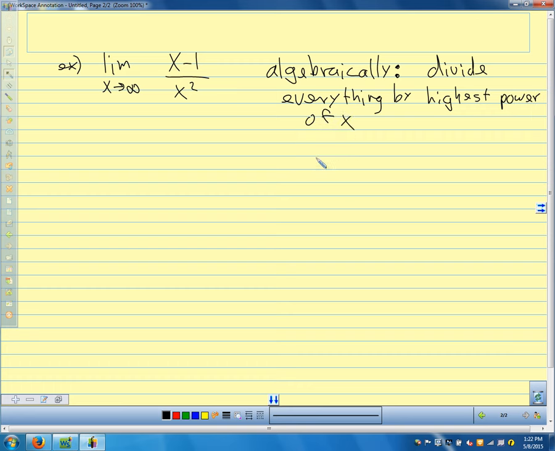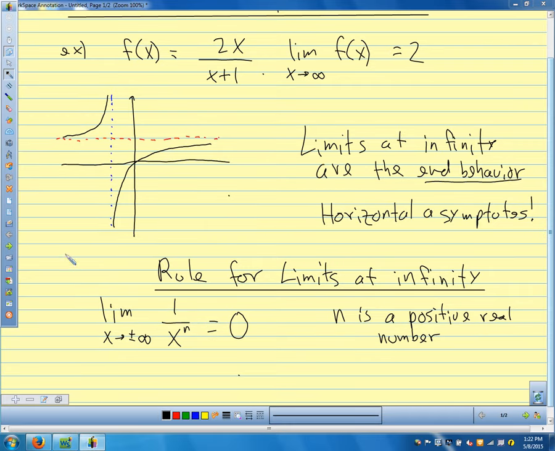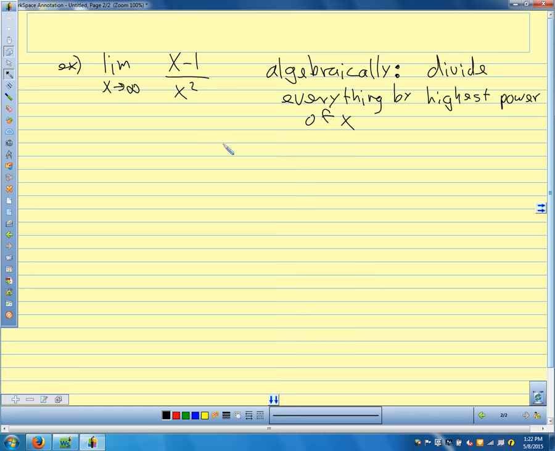Because what we're trying to do is rewrite this, turn it into a problem that we've already solved, into something where we can use this rule. All right, so we're going to rewrite this algebraically. So this is the limit as x approaches infinity. We're going to divide everything by the highest power of x. Highest power of x here is x squared.